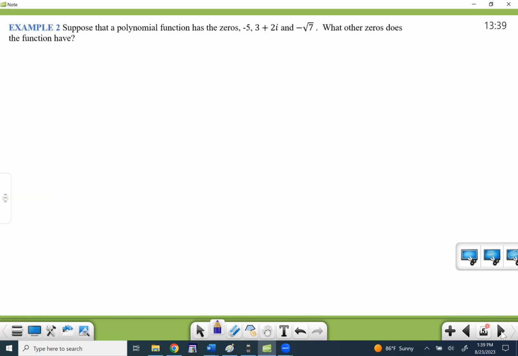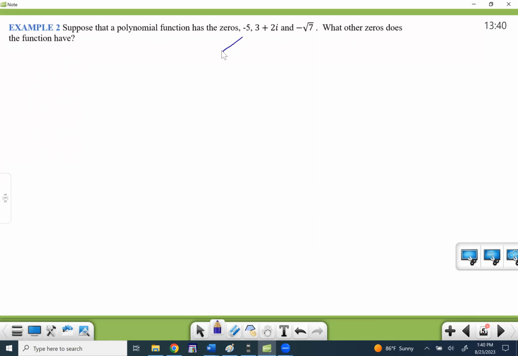So our first question says, suppose that a polynomial function has the zeros -5, 3 plus 2i, and negative root 7. Okay. So a lot of students will say, okay, if x equals -5 is a root, then so is +5. Well, that's not true.